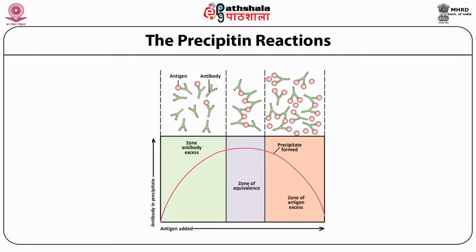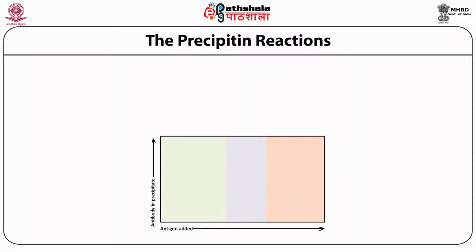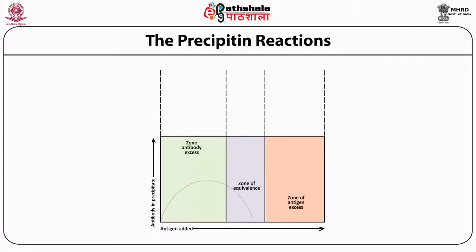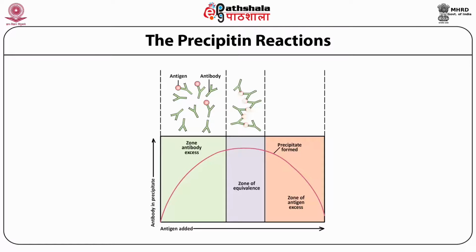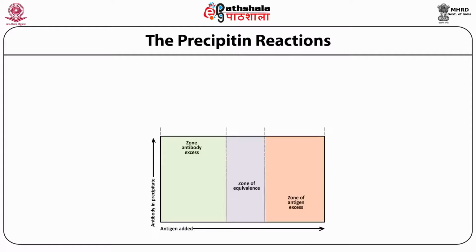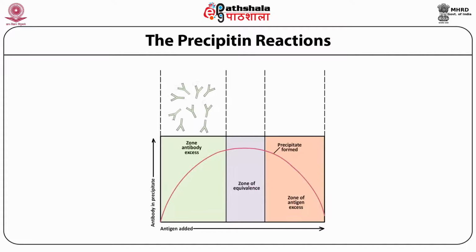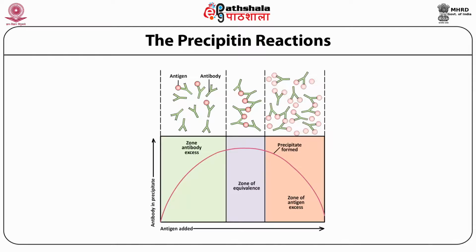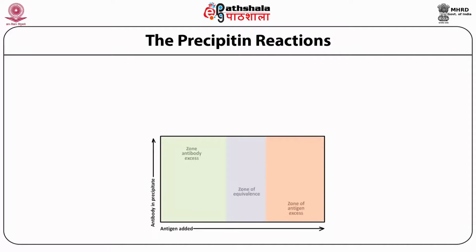This precipitate results from the formation of a lattice-like structure. In the figure, you can see how these networks arise from the cross-linking between the antibody and antigen molecules. At the equivalence zone, the precipitate is maximum.